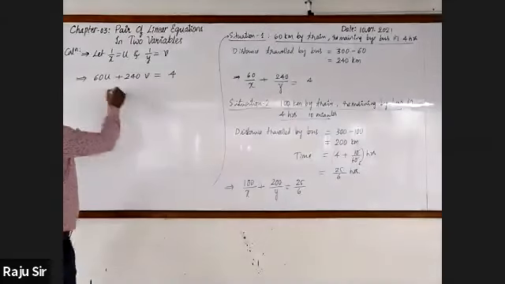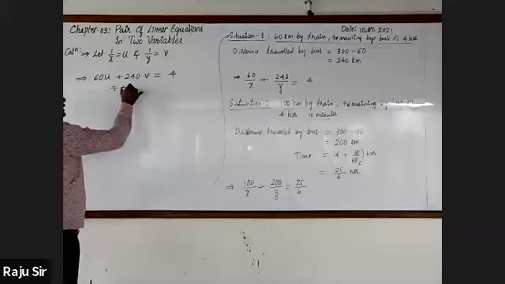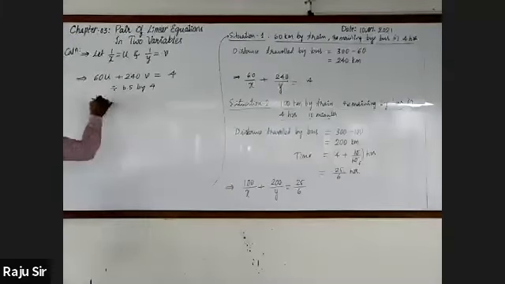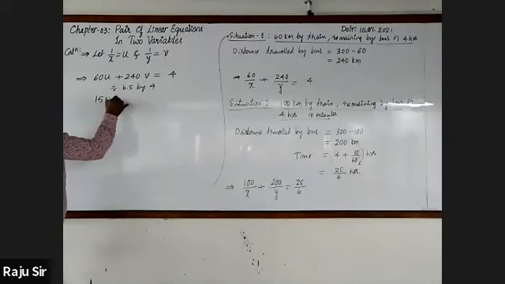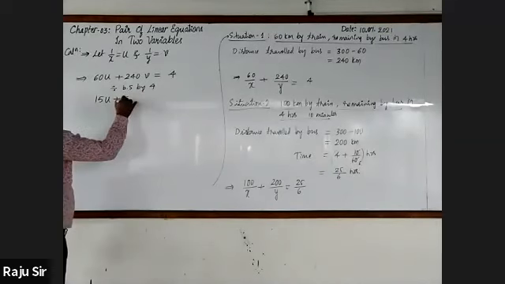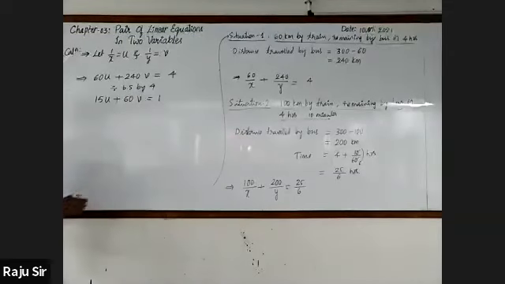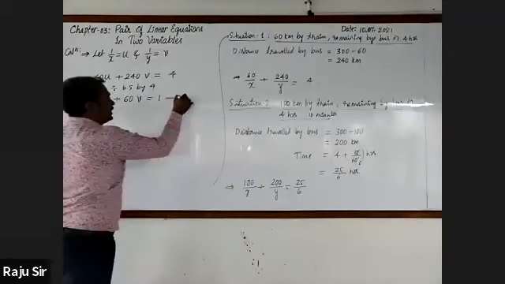Hence, you can divide both sides by 4. Then 4 15s are 60, 4 1s are 4. 4 5s are 20, so 15u plus 4 6s are 24, this is 60v, and 4 1s are 4. You may call it equation 1.